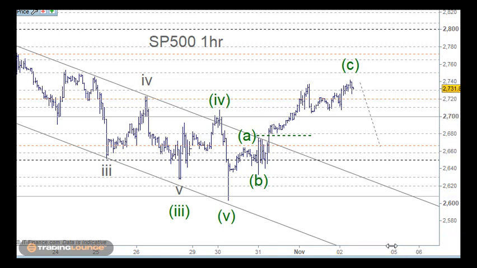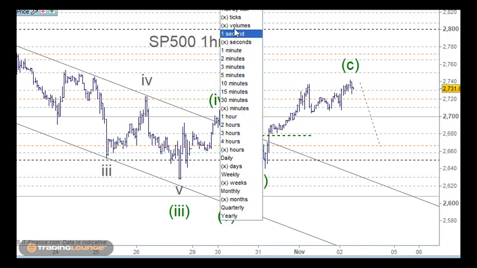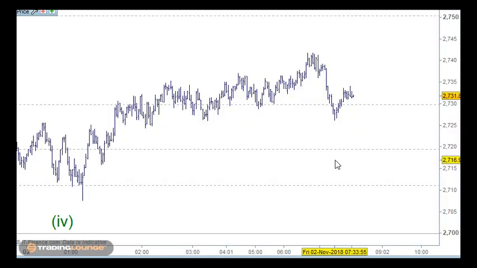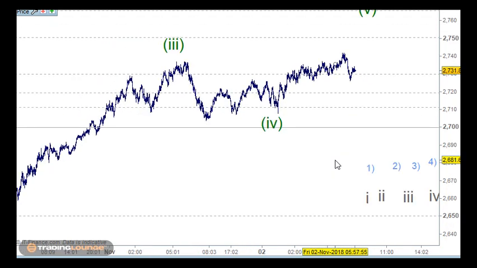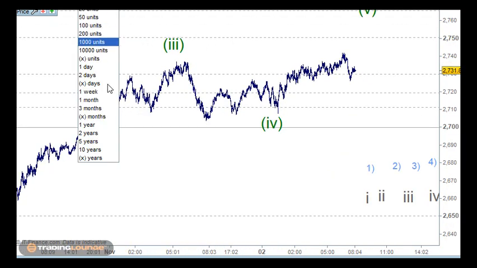Okay, and that's kind of fine too if that's going to be the case. But let's just go into the tick chart. I think I've updated this. Let's have a look. Right, yeah, I've got a bit of a different count here. Let's just get this into play here.